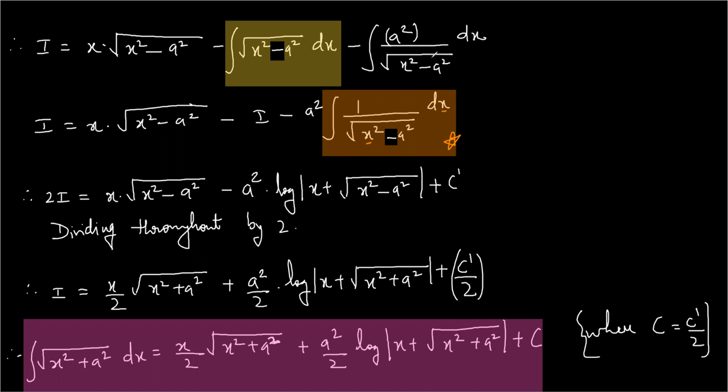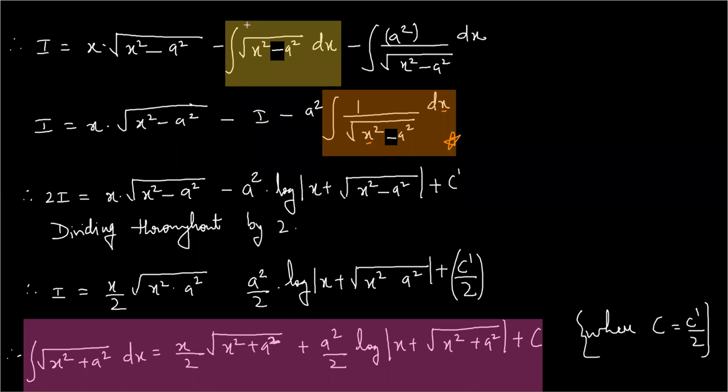Okay, so what will I get? The next step I will get here, this will be negative, this is negative, this is negative.